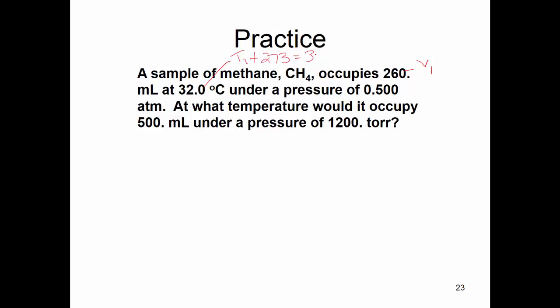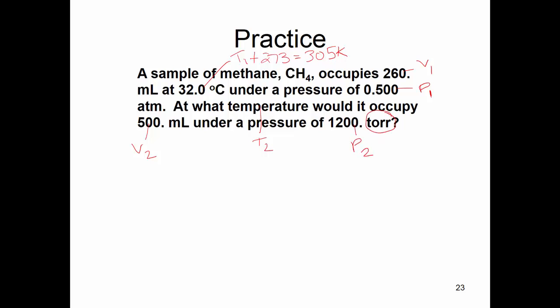So that gives us 305 Kelvin. We have a pressure of 0.500 atm, so that is P1. We were looking for what temperature? So we're looking for T2. Here's V2, and here's P2.